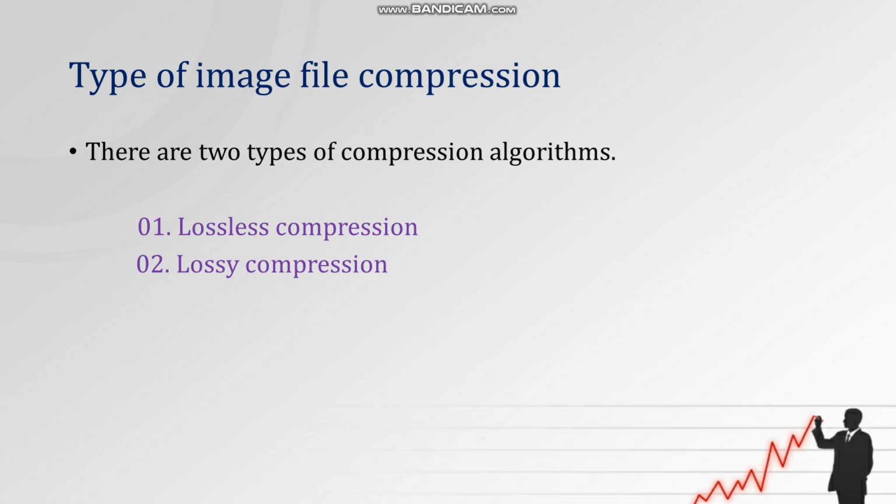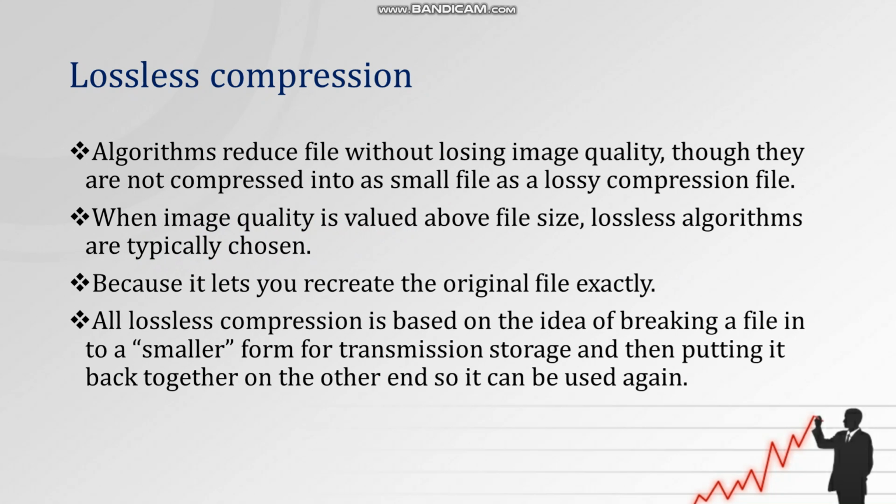Types of image file compression. There are two types of compression algorithms. Number 1, lossless compression. Number 2, lossy compression. Lossless compression algorithms reduce file size without losing image quality, though they are not compressed into as small a file as a lossy compression file.